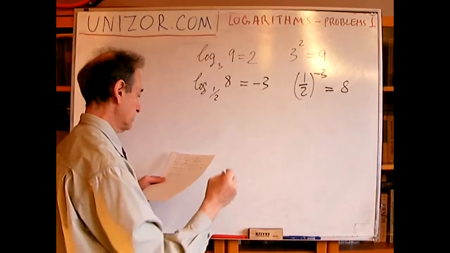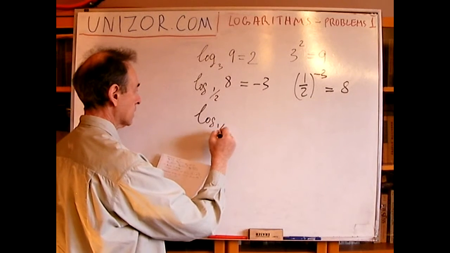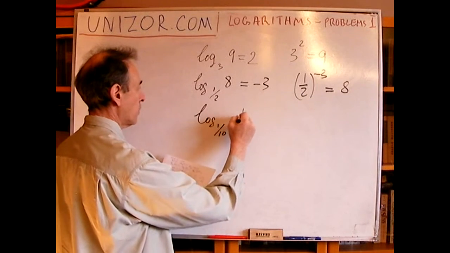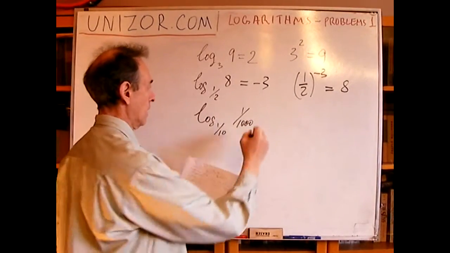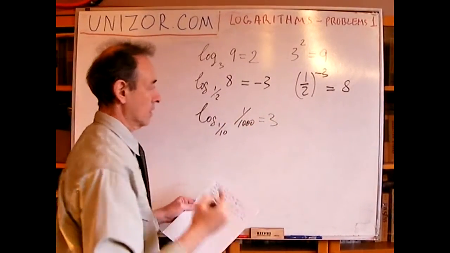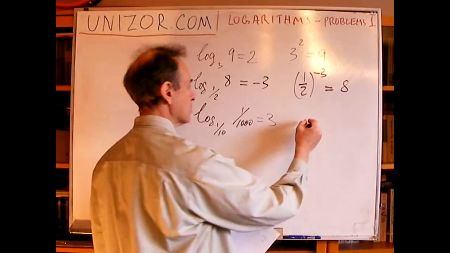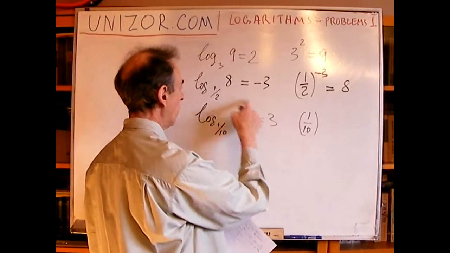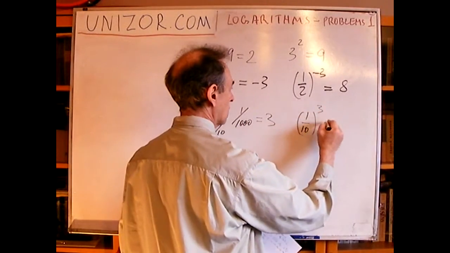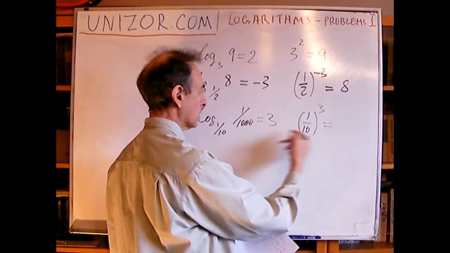Let's go further. Log base 1/10 of 1/1000 is equal to 3. Again, if I raise the base, which is 1/10, to the power of 3, I will get 1/10 times 1/10 times 1/10, which is 1/1000.